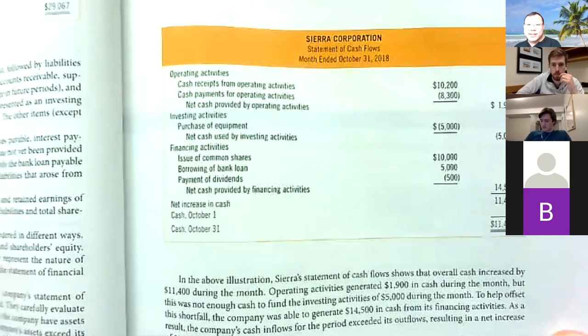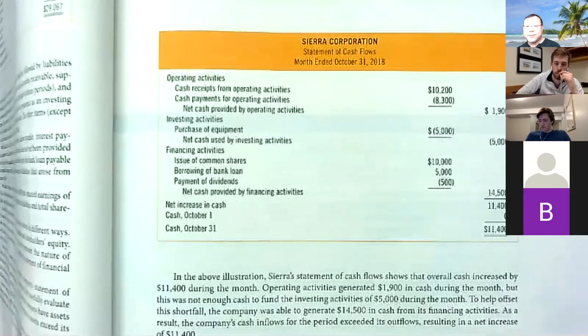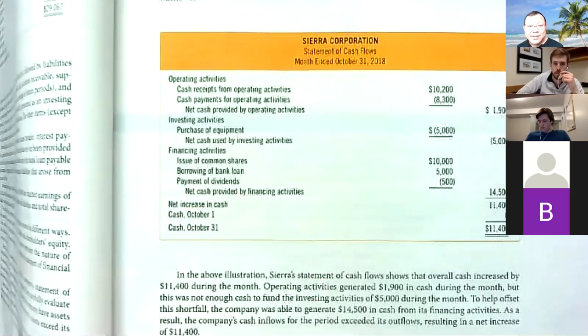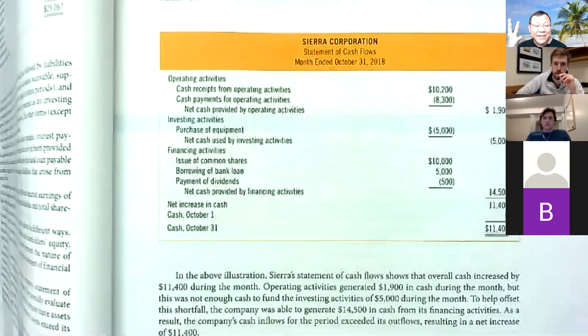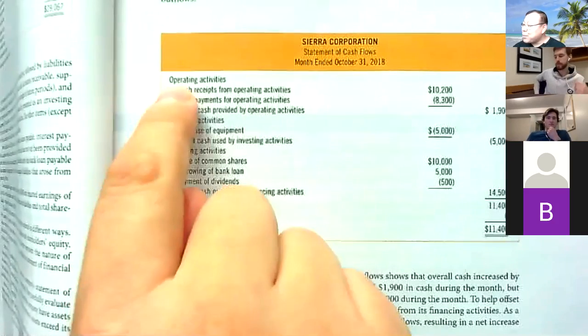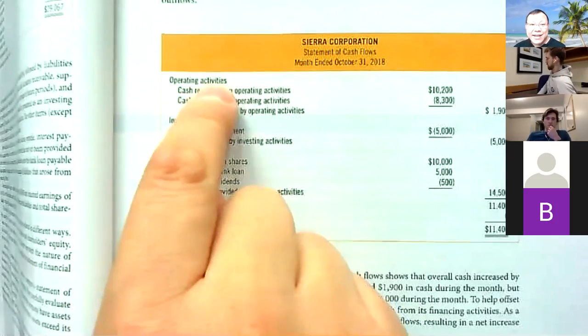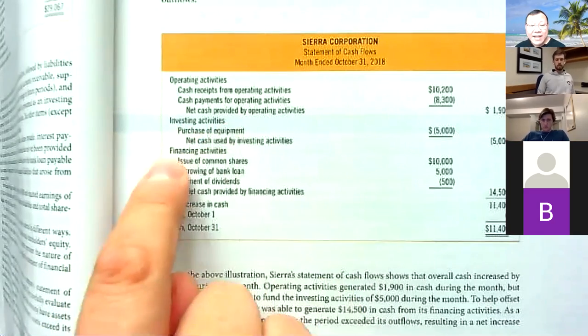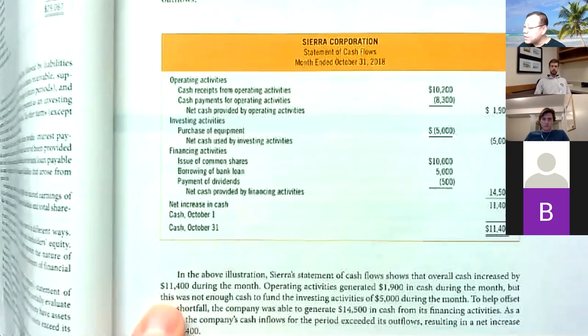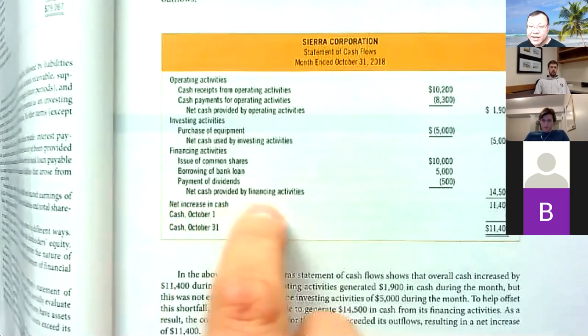The last one is the statement of cash flows. You can see this statement is organized by three activities: operating activities, investing activities, and financing activities, and then you have a net change in cash.